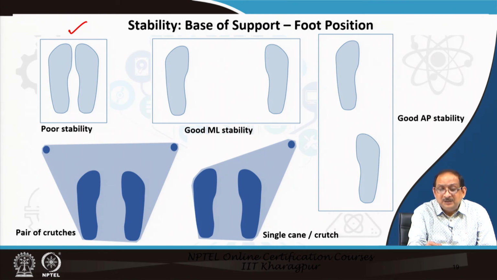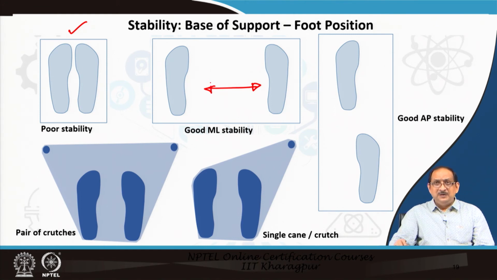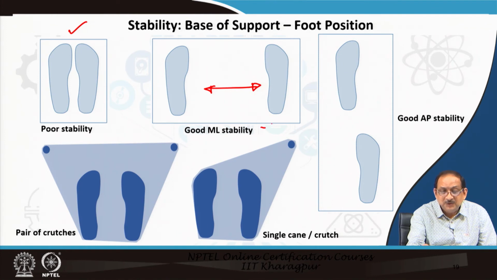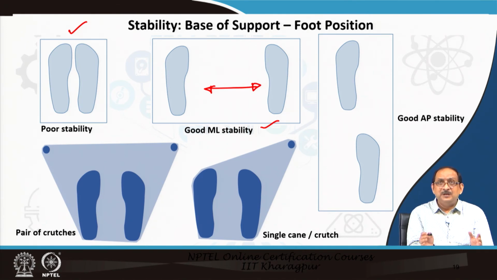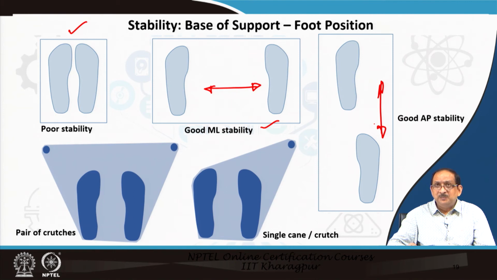When the two feet are apart, it actually offers good mediolateral stability. So, in the medial lateral direction, it is giving good stability. Now, if the two feet are separated along the anterior posterior direction, it gives good stability along the anterior posterior direction.